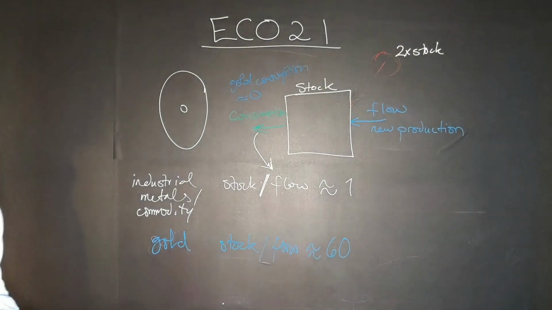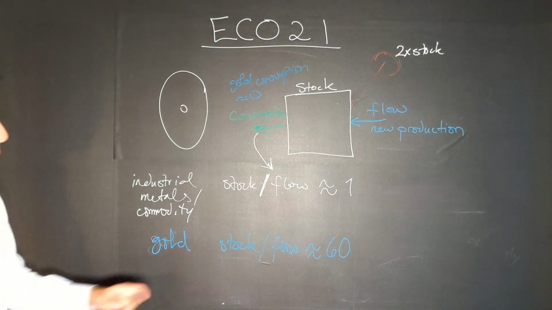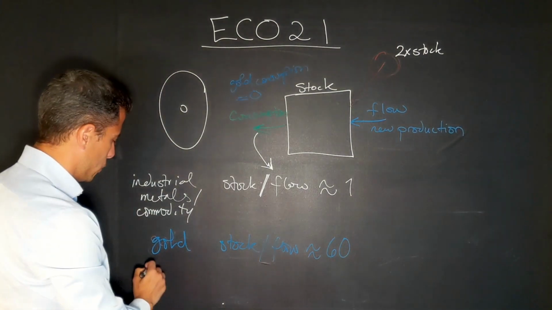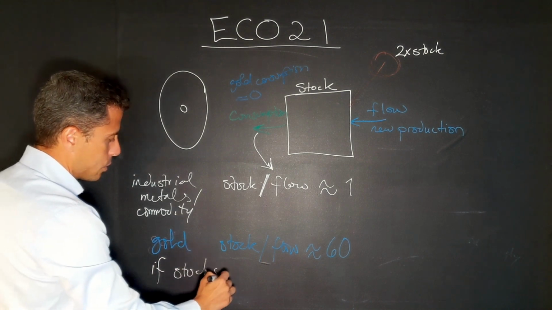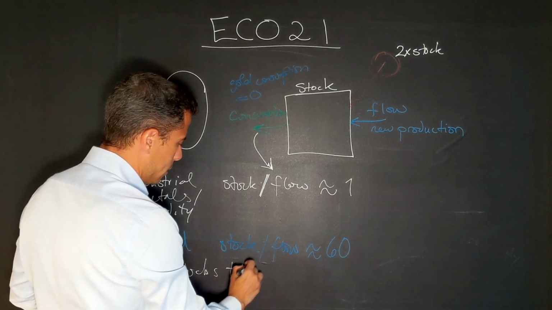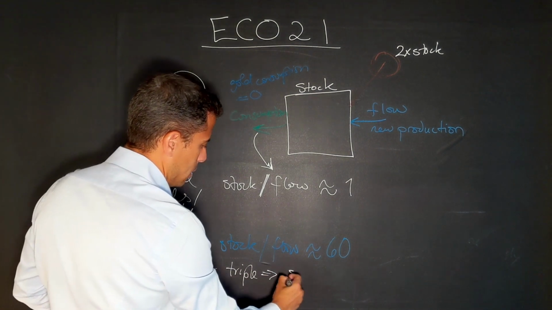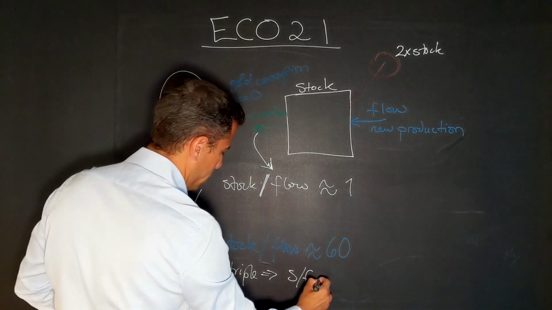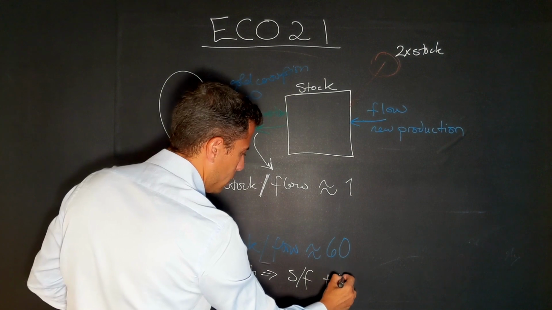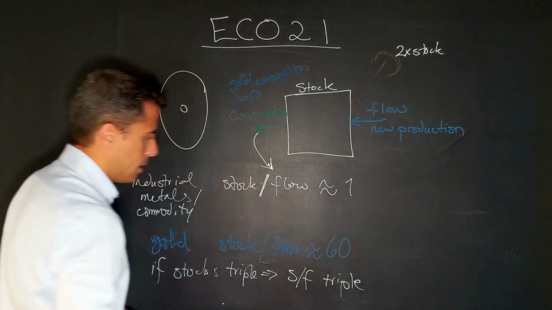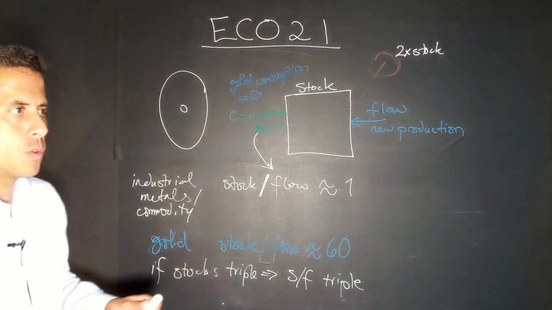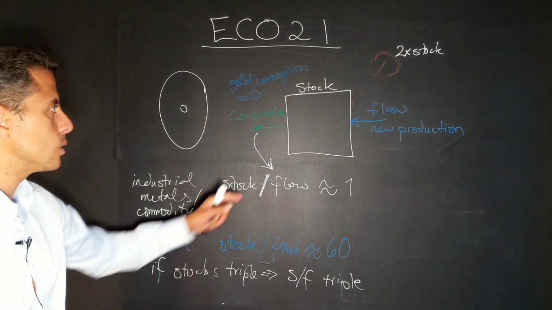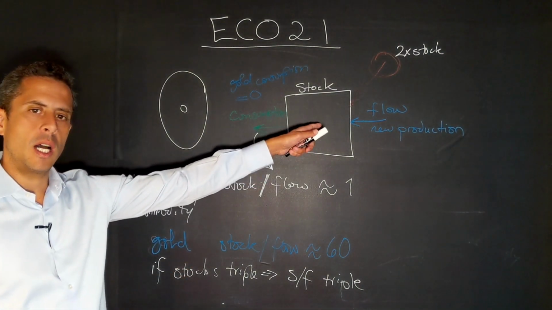The total gold that we have has tripled. What will this do to the stock-to-flow ratio? If stocks triple, the stock-to-flow will also triple.